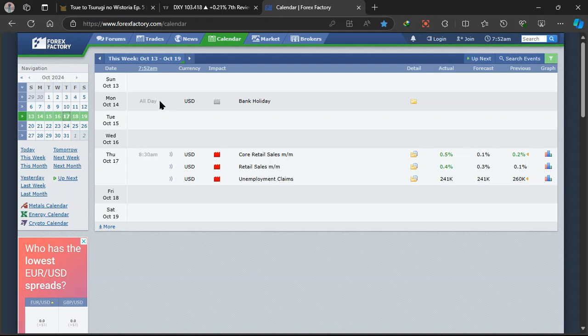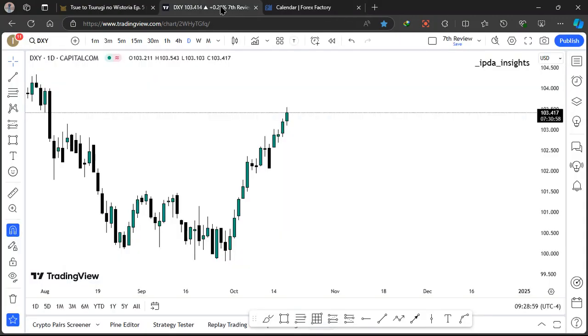So I'm anticipating that if price aligns with time, then any day that gives me a setup, I'm trading that day on New York session.